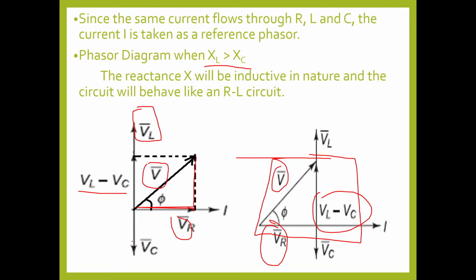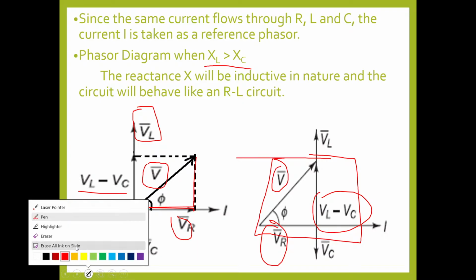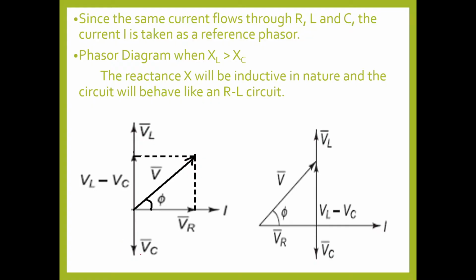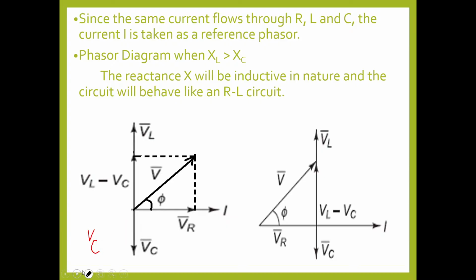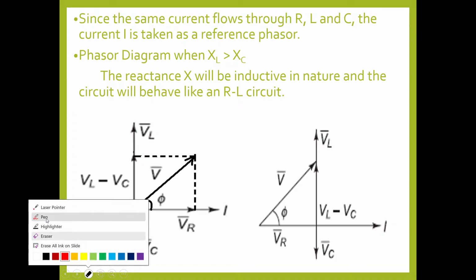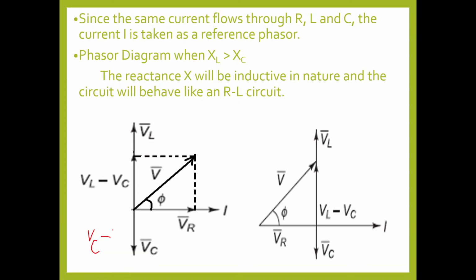This phasor diagram would change if XC was greater than XL. Then I would have written VC minus VL.